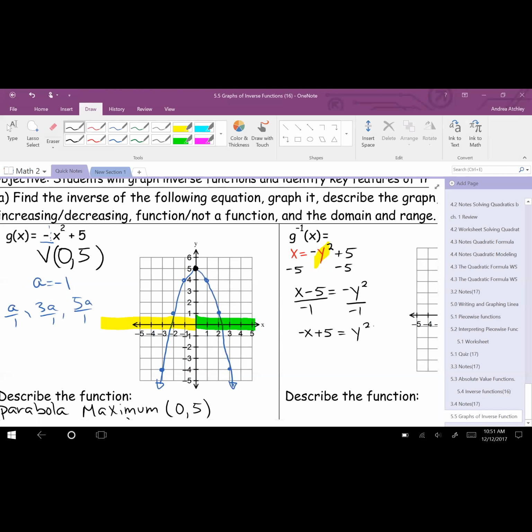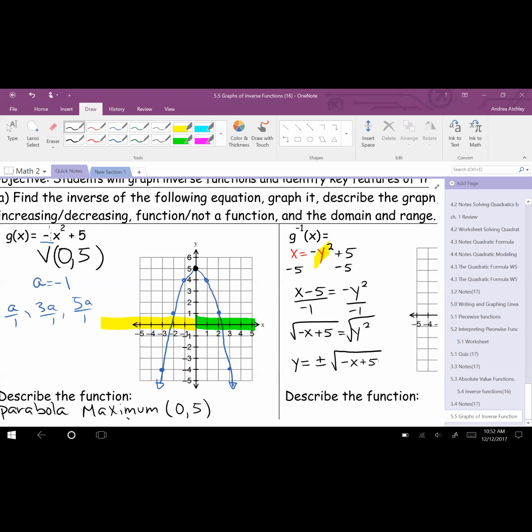Okay, now what would I do? Square root. And that gives me y equals plus or minus the square root of -x plus 5. Any questions over that?